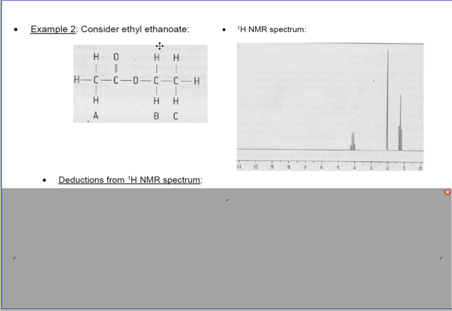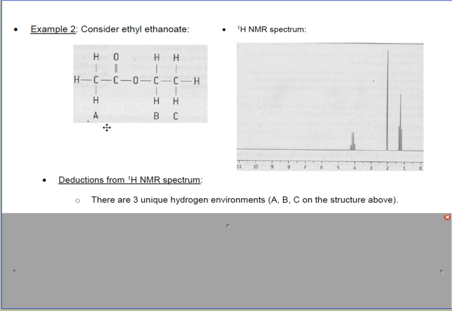Here is the molecule ethyl ethanoate and its NMR spectrum. What you should notice right away is that there are 3 unique hydrogen environments, and we've labeled them. We've got environment A, which is this CH3, and it's next to this ester group.